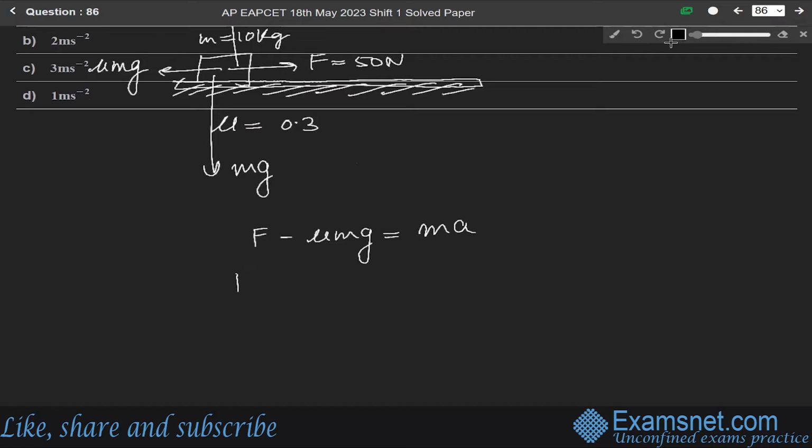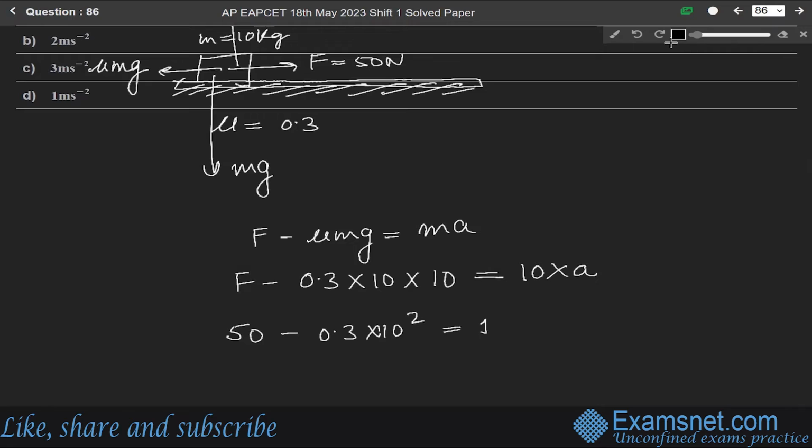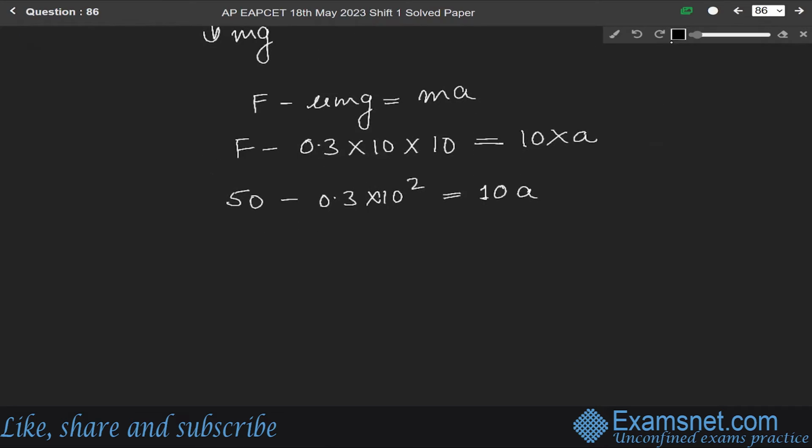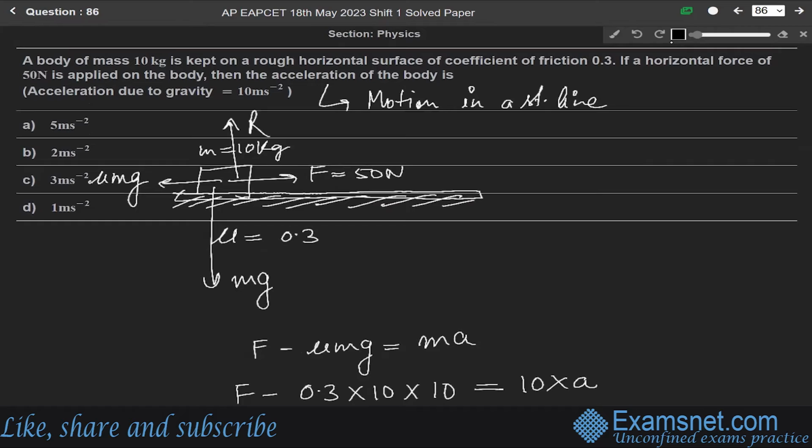So 50 minus 0.3 into 10 into 10 equals 10A. Solving it, we get A equals 20 over 10, which is 2 meter per second square. So the acceleration in this question will be 2 meter per second square, which means option B is the correct answer.